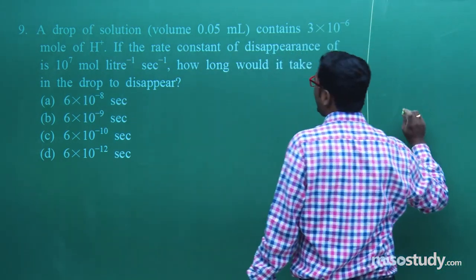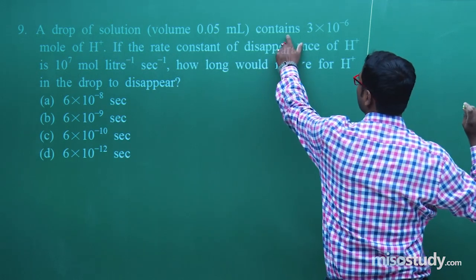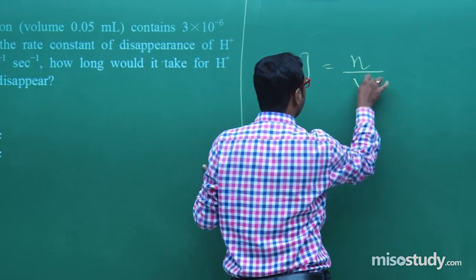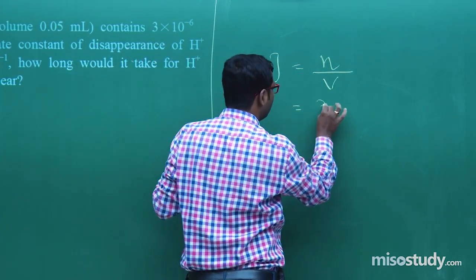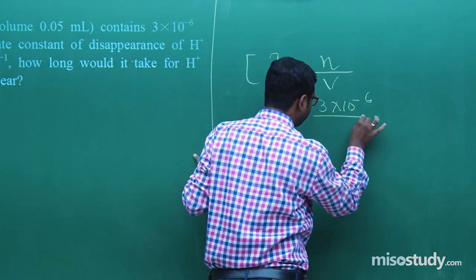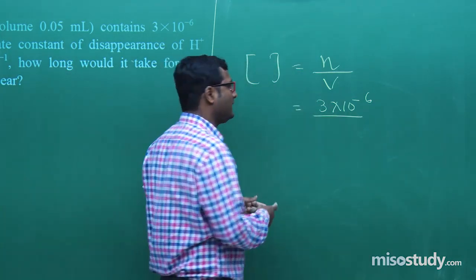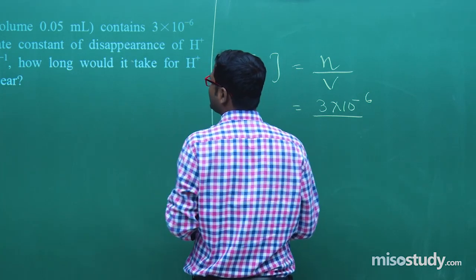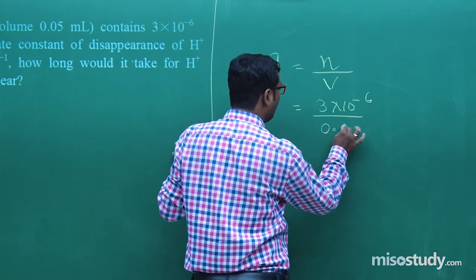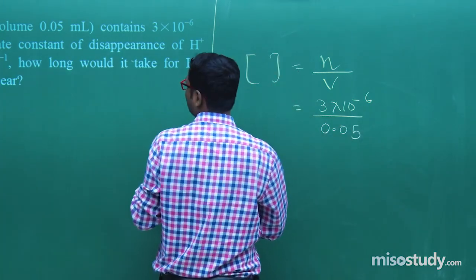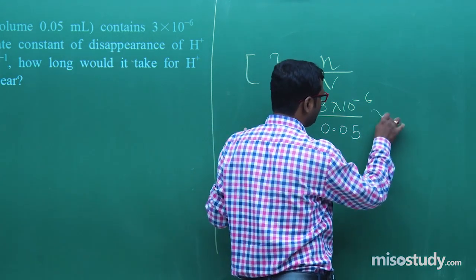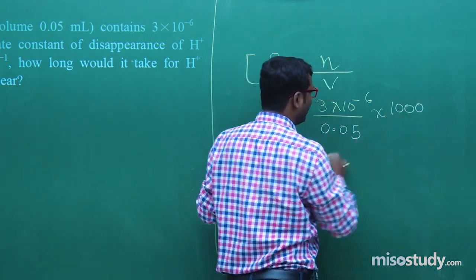First of all, you have to find out the concentration. As we know, concentration is equal to mole per liter. What is mole here? 3 into 10 to the power minus 6, and upon volume, that is 0.05 ml. Convert it into liter, multiply by 1000.